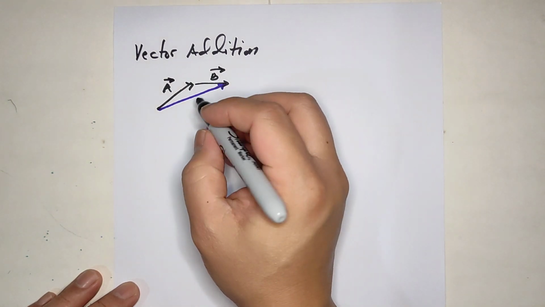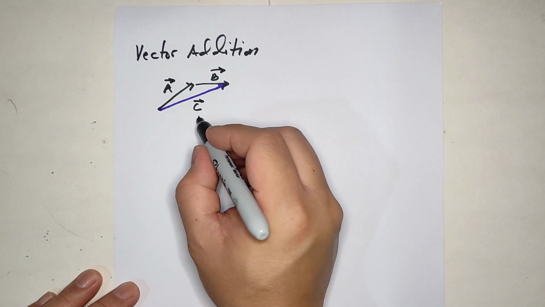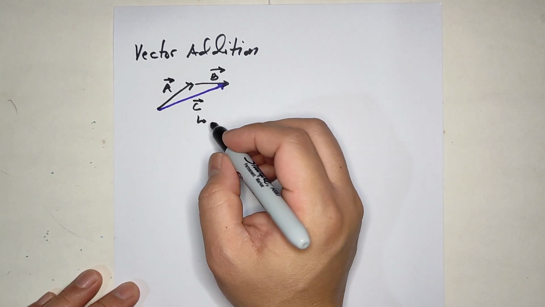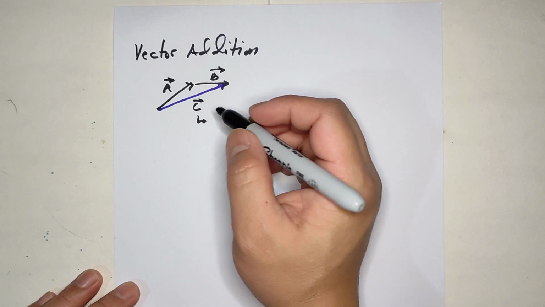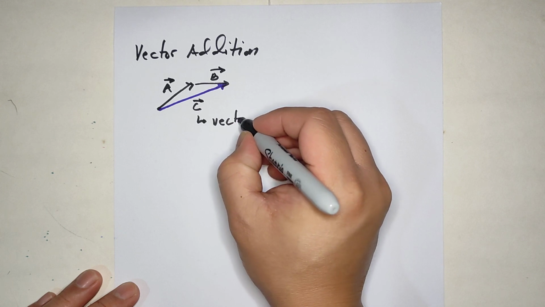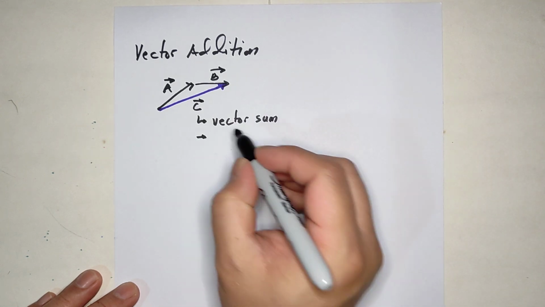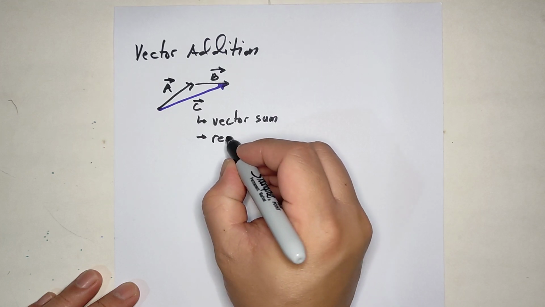The notation is, let's make it C. Again, C is the sum of A and B, widely known as the resultant.